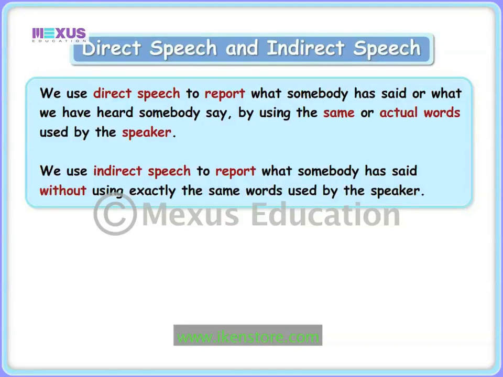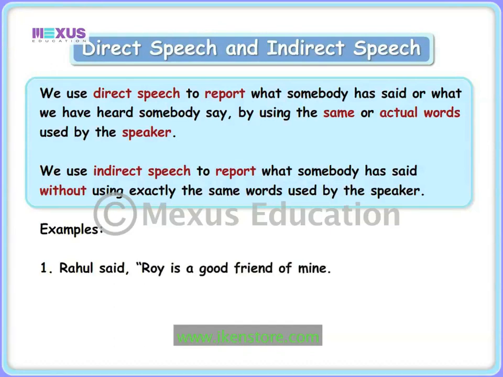Let's look at some examples to understand this better. The sentence, Rahul said, "Roy is a good friend of mine," is in direct speech, since it uses the exact words used by Rahul.